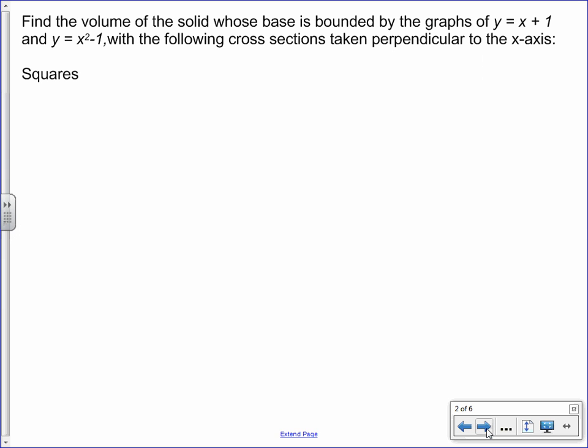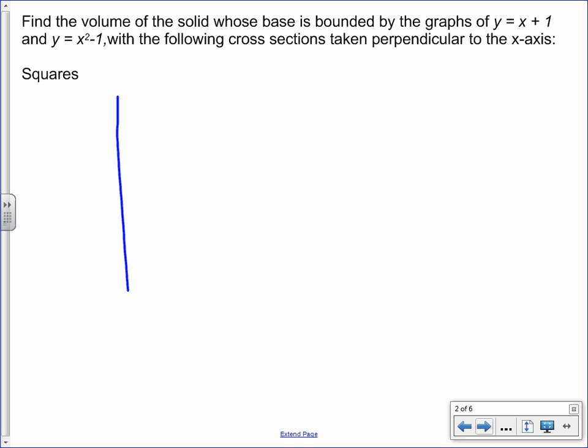Okay, so this is an example that we're going to do with different cross sections. We want the volume of a solid whose base is bounded by y equals x plus 1 and y equals x squared minus 1, with the following cross sections perpendicular to the x-axis. So first of all, let's draw our area.